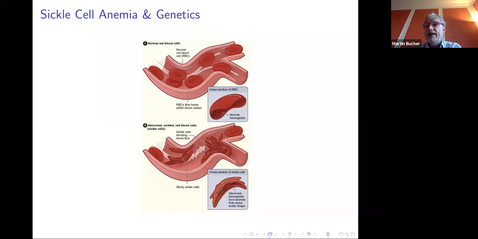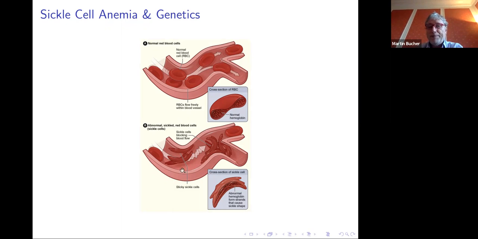And that tends to be a protective mechanism against the malaria, because part of the malaria life cycle, after it gets out of the liver, is to infect and multiply in the red blood cells. So if the red blood cells burst and don't give much time for the parasite to multiply, that is a genetic advantage in terms of living in a place where there is a lot of malaria.